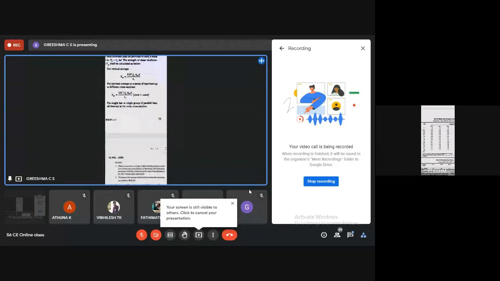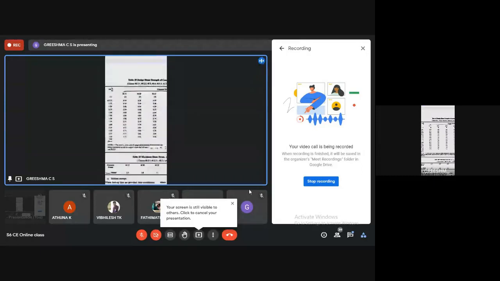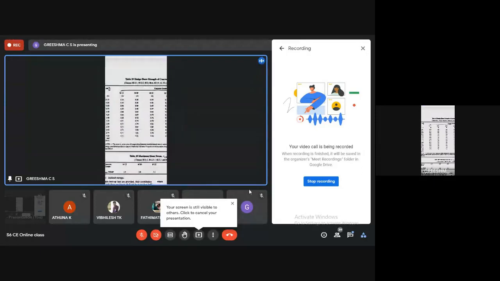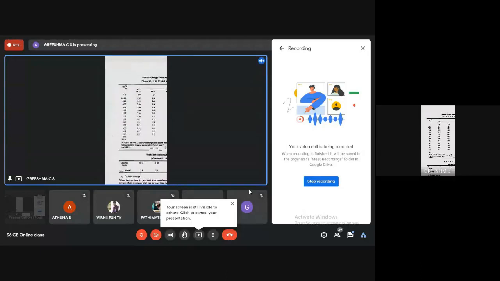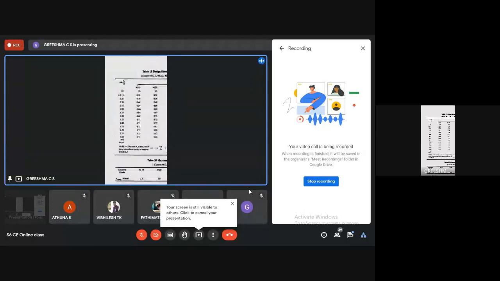From this table you have to find out the shear stress. This is very easy. We have been doing this for the last semester, just to revise it. So 0.48 will lie between 0.25 and 0.5, as you can see.